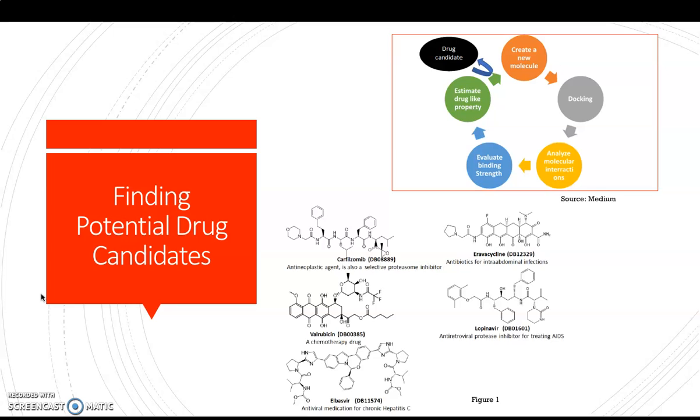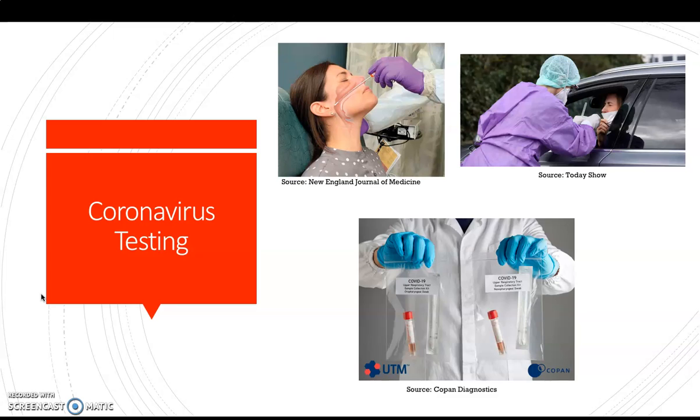Along with finding a cure for COVID-19, scientists are also testing samples sent from hospitals in order to make diagnoses. And to begin the coronavirus testing process, a sample from the patient must be obtained.